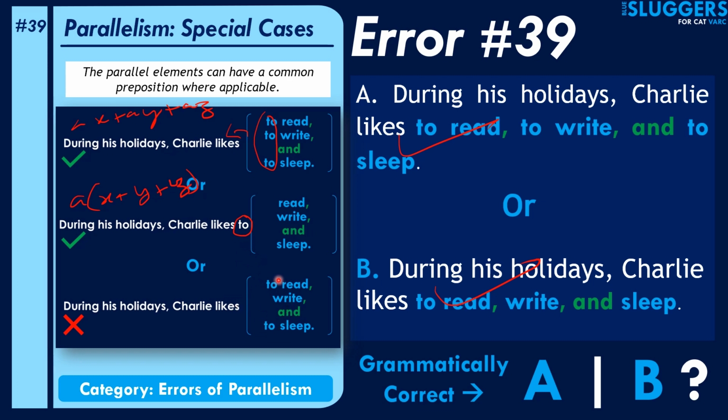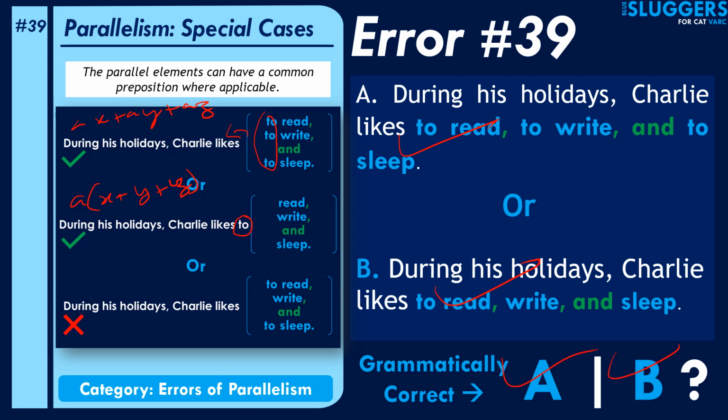It seems like you used the preposition "to" for "read" and for "sleep", but not for "write", and hence that goes against the rule of parallelism. So either you deploy it across all the parallel elements, or you deploy it in a common manner. These two will work; other cases will not be considered correct.